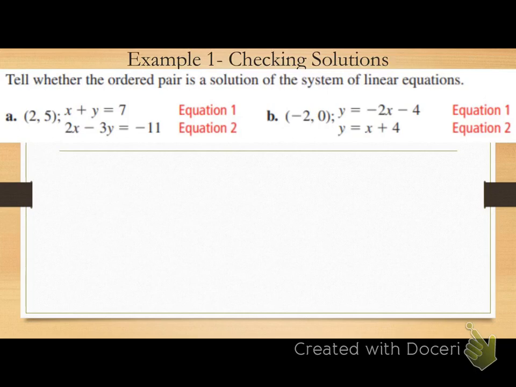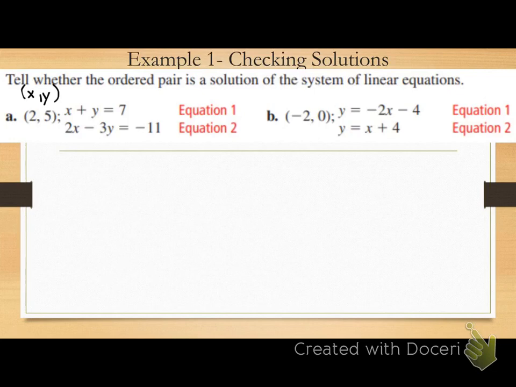Plug in for x and y. Which number in for x and which in for y? 2 for x and 5 for y. Very good. I'm going to plug 2 in for x and 5 in for y, because an ordered pair is written as (x, y), correct? So 2 is my x value, 5 is my y value.